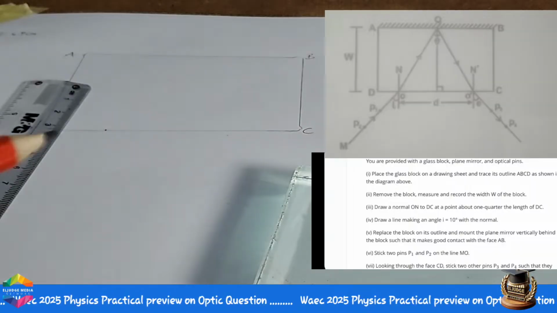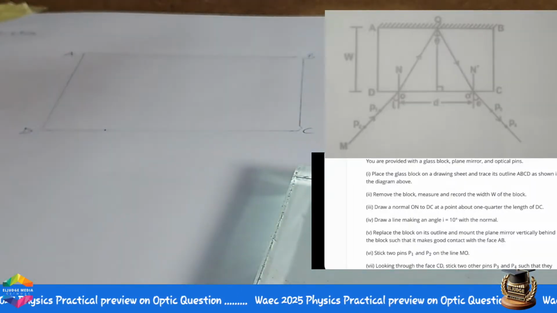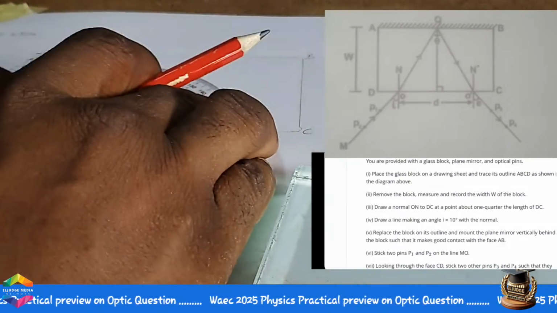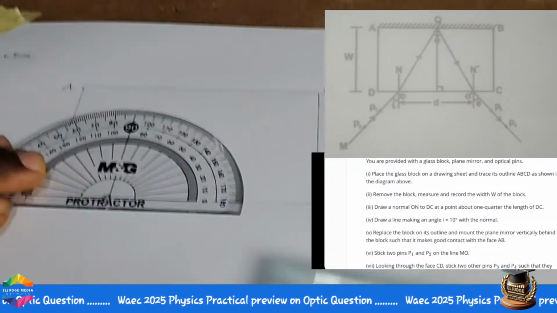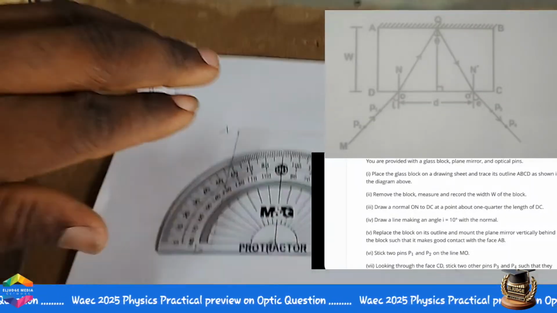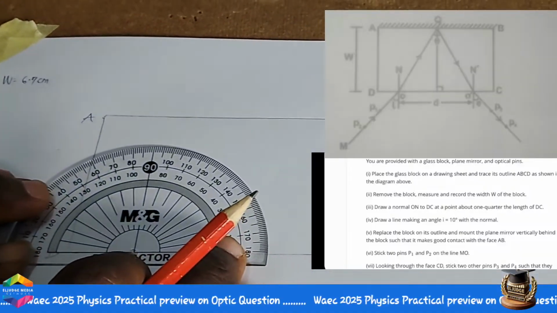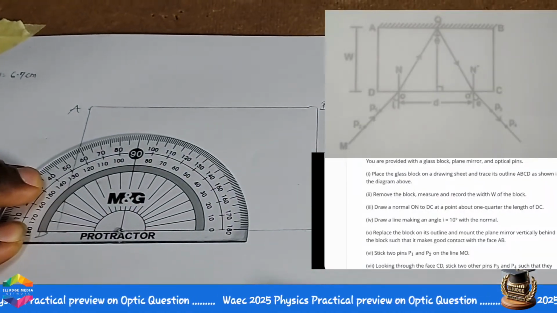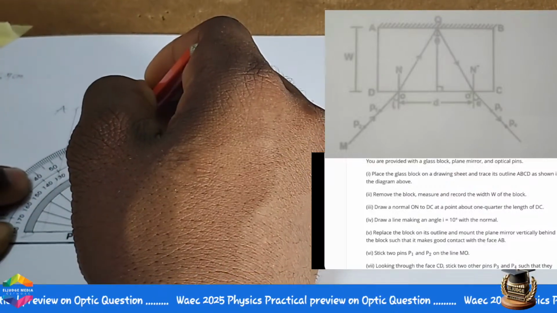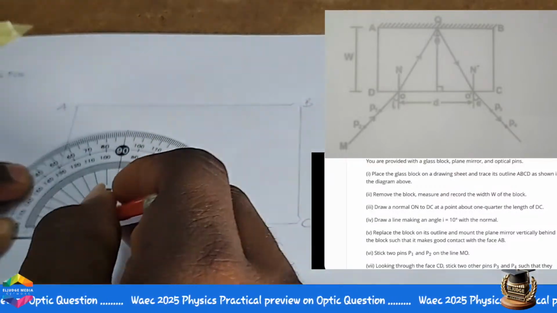Then use your protractor. Make sure it balances with the line, then mark 90 degrees here.